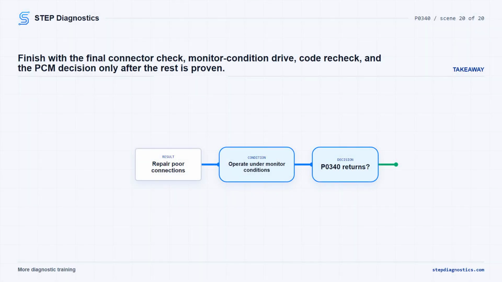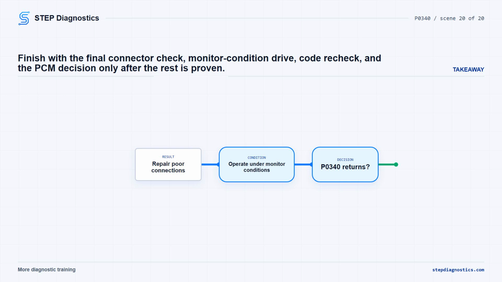For the final check, disconnect all PCM connectors, related inline connectors if equipped, and related component connectors. Inspect connector installation, locks, corrosion, water intrusion, seals if equipped, bent terminals, overheating from poor connection, push-back terminals, spread terminals, and terminal tension. Repair anything found, reconnect all connectors fully, and make sure the locks are engaged.